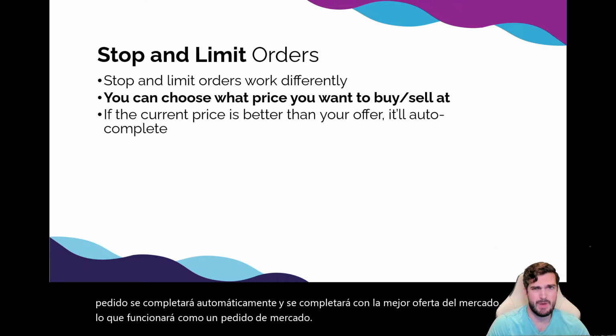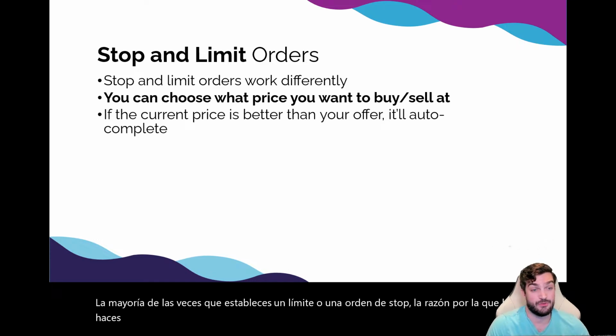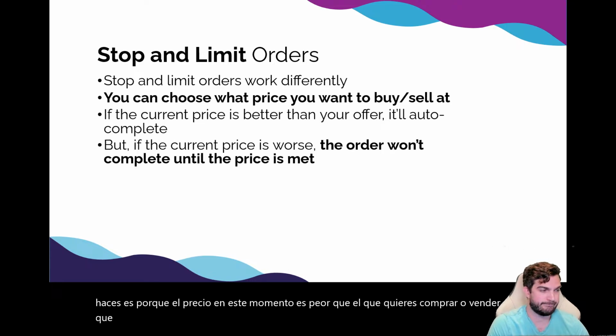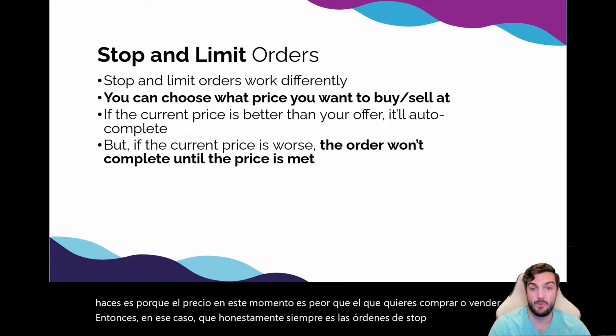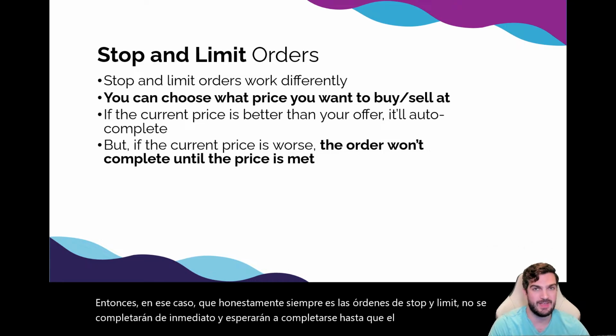But most of the time that you're setting a limit or a stop order, the reason you're doing it is because the price right now is worse than what you want to buy or sell at. So in that case, which is honestly always, the stop and limit orders will not complete right away and will wait to be completed until the price that you asked for is hit.